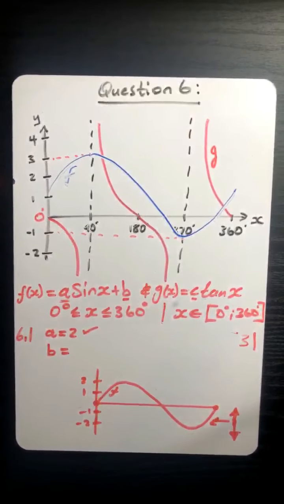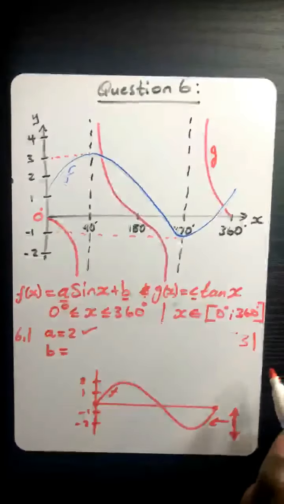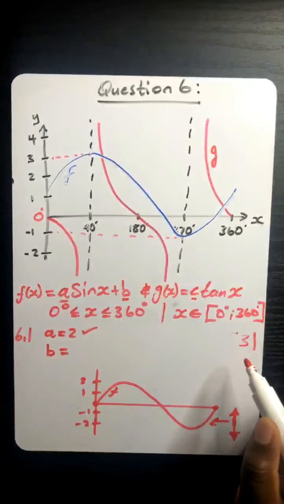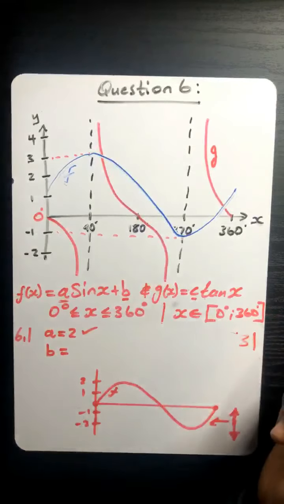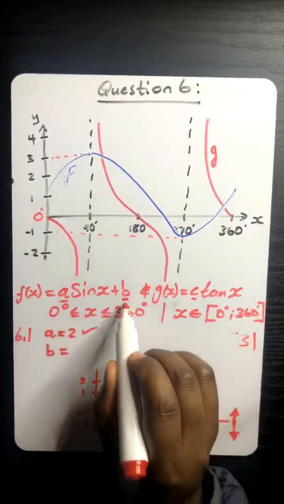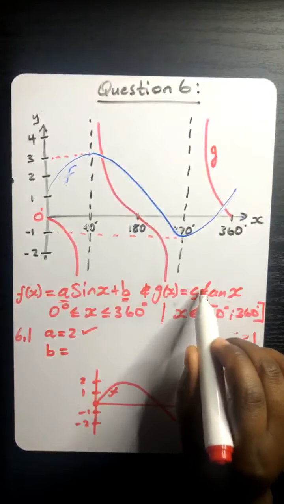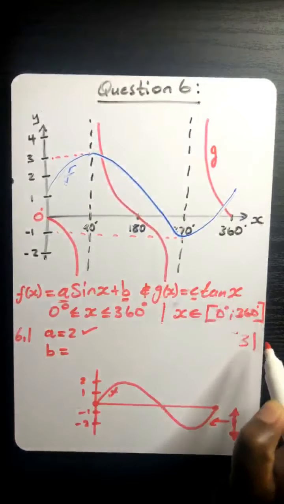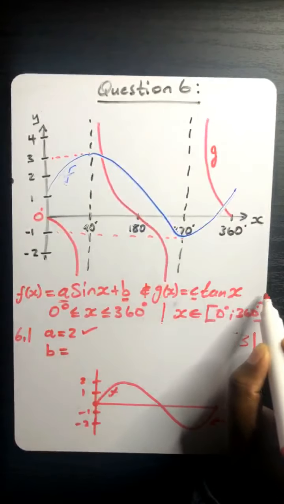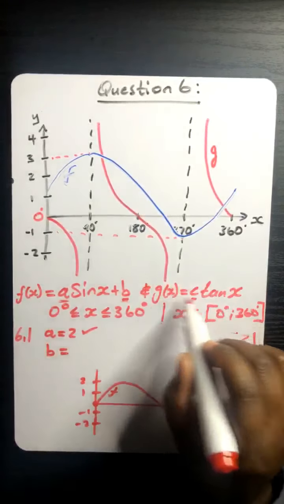Okay, so let me try to explain this one. Remember, guys, for a function which did not shift, it doesn't have that B value. Just like this one, you've got tan of an angle there without the B value or without plus Q, which means it did not shift.